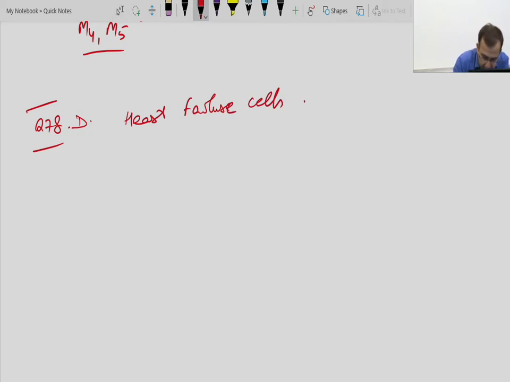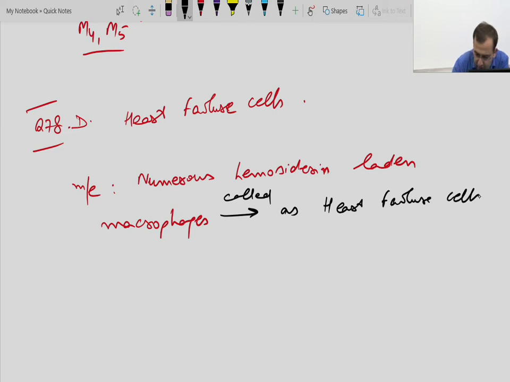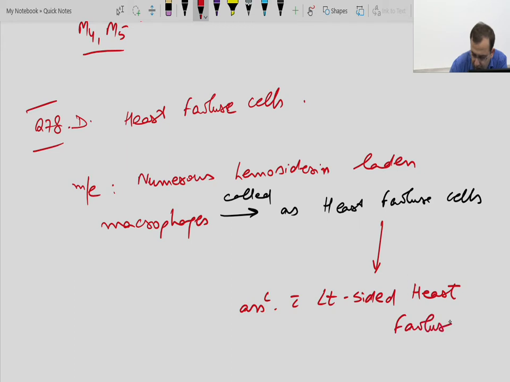What it means is that microscopically the lung biopsy showed numerous alveolar hemosiderin laden macrophages, which are called heart failure cells because they are associated with left-sided congestive heart failure.